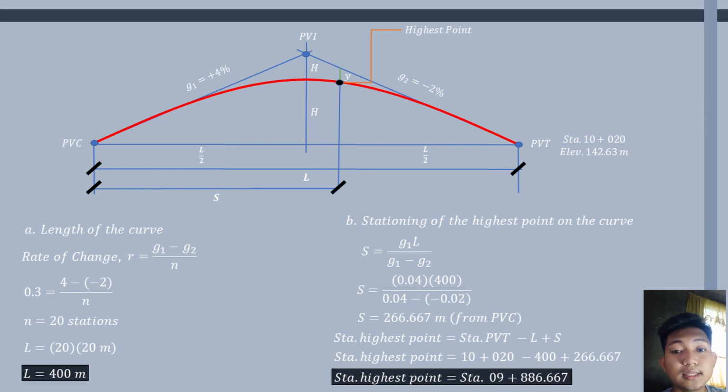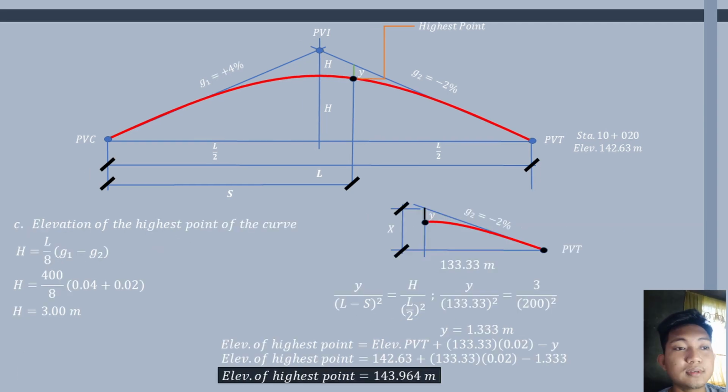Then ang length sa curve is 400. Then ang S is 266.667. So we conclude that the station of the highest point is station 09 plus 886.667.